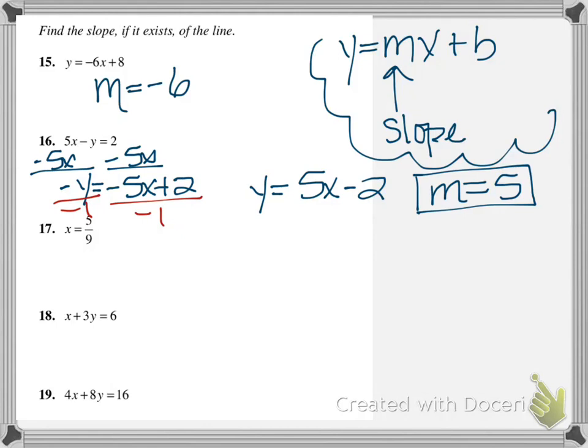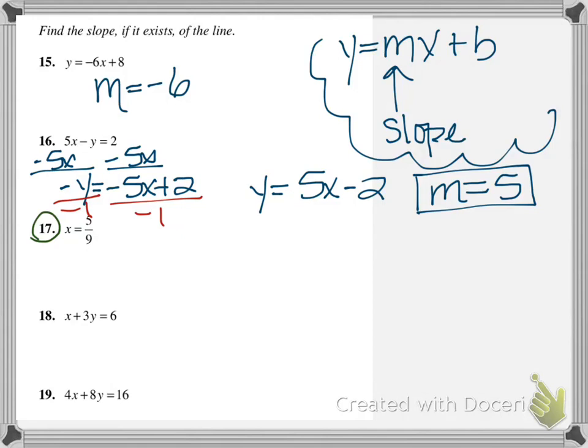So if you look at the next one, number 17, this is kind of a trick problem. But recall that if it's one variable, it's either horizontal or vertical. Well, our options for slope, if it's horizontal or vertical, is either a 0 slope or an undefined slope. So how do you know which is which?